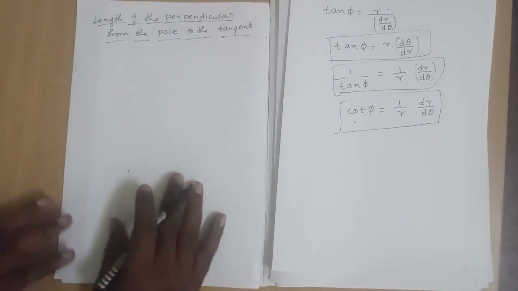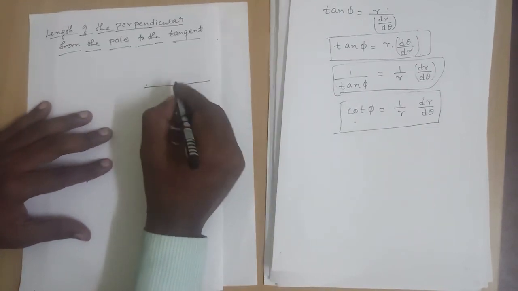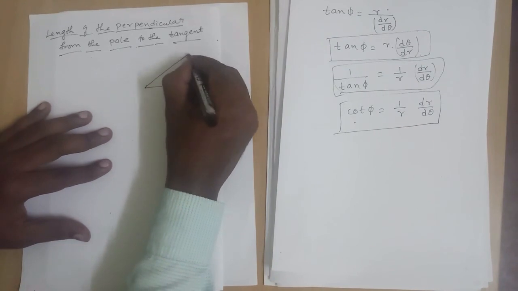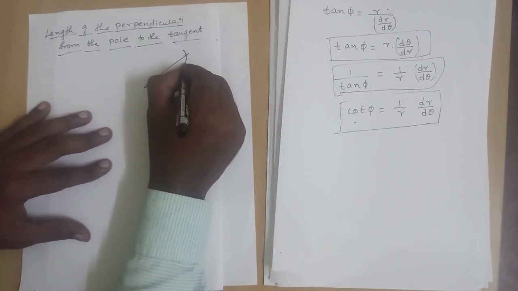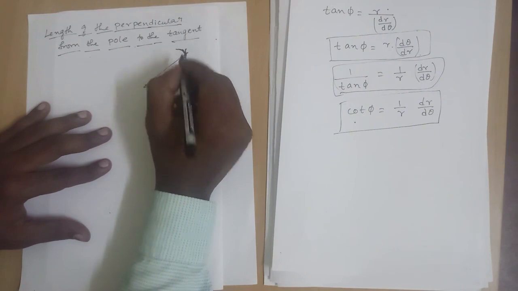Now here I'll draw the figure first. So we will draw one curve, and you have to draw the tangent for that one.